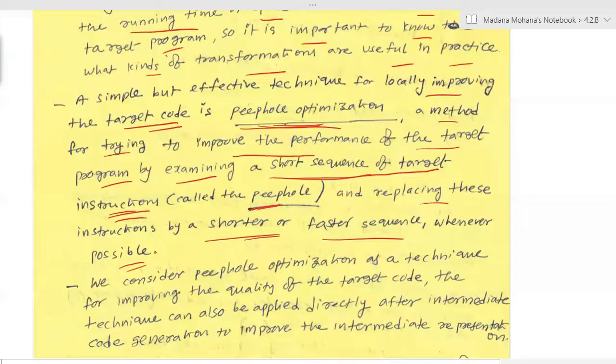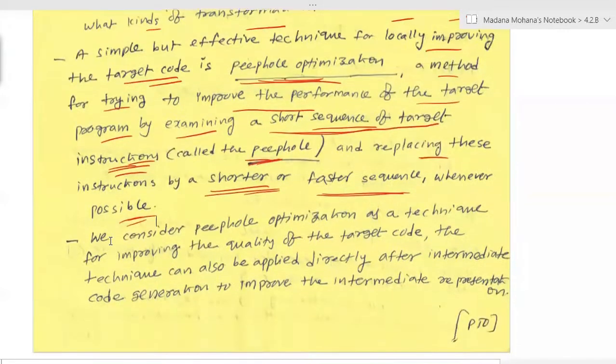Like in algebraic simplification, expensive operators are replaced by cheaper ones. Similarly here, examining a short sequence of target instructions and replacing it with shorter or faster sequences whenever possible is called peephole optimization.